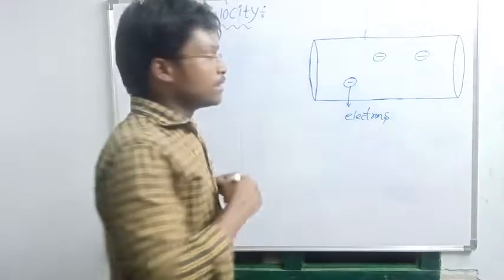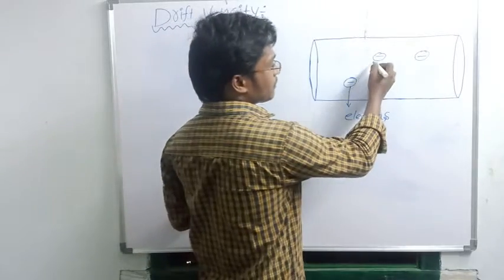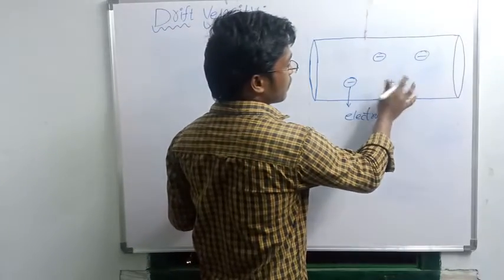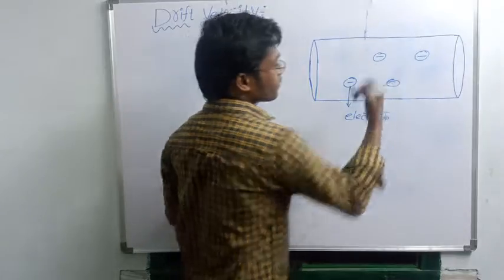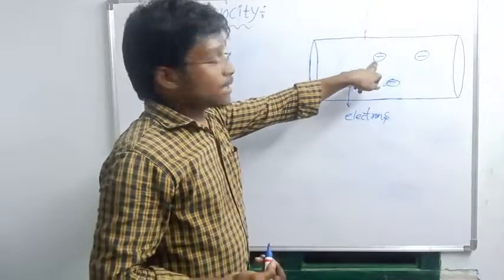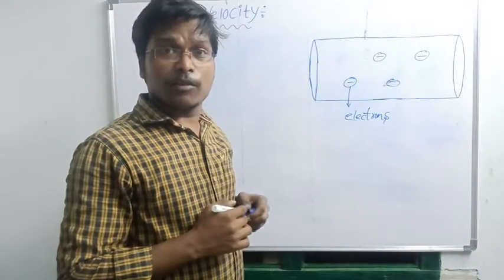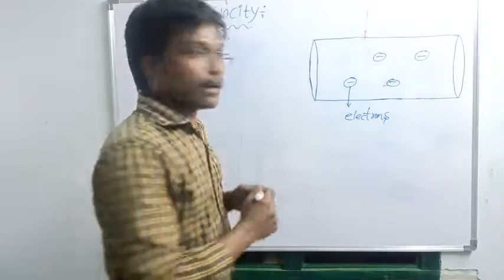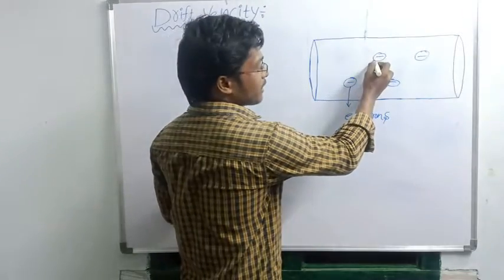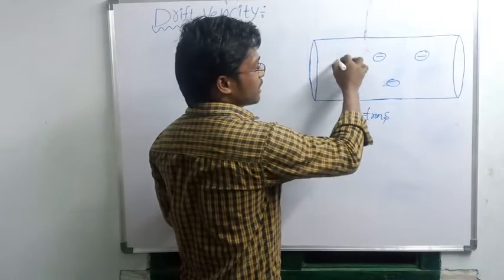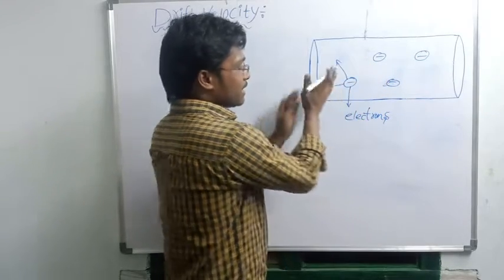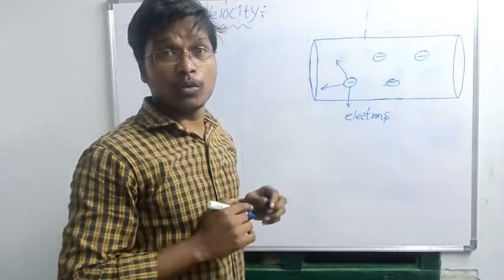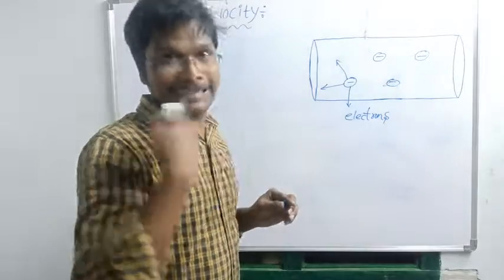These electrons are performing random motion, correct. Suppose one electron is here; it will move in this direction and that direction. In all directions this electron will move.